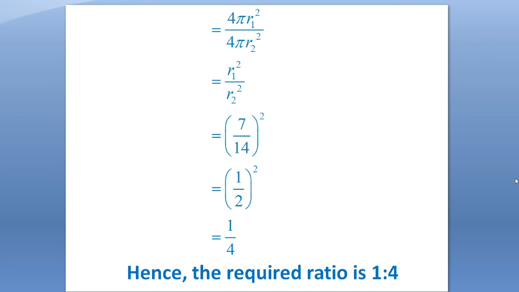Now r1 is 7, r2 is 14. So 7 by 14 whole raised to square is equal to 1 half raised to square is equal to 1 divided by 4. Hence the required ratio is 1 to 4.